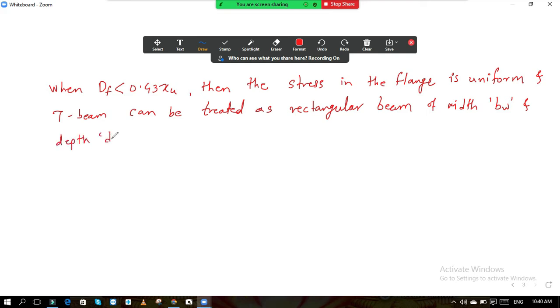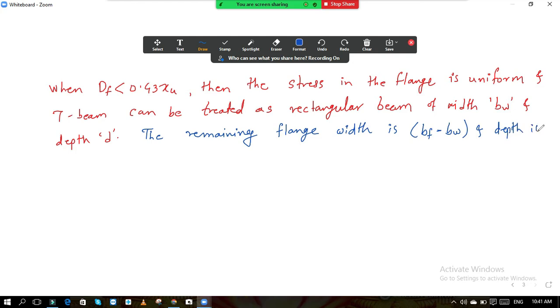and depth D, and the remaining flange width is BF minus BW, and depth is again DF.